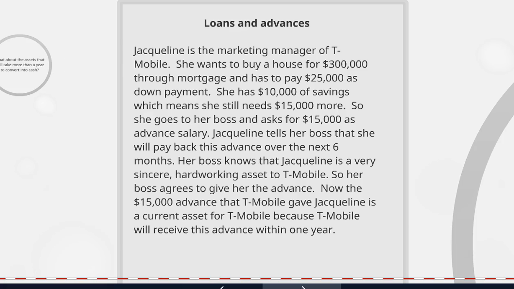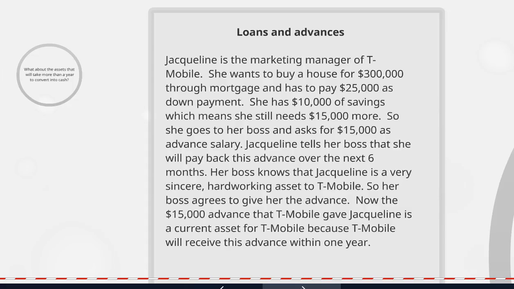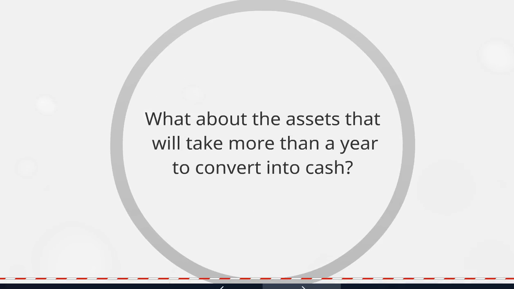Why so? Because T-Mobile will receive this advance back from Jacqueline within 1 year. So what about the assets that will take more than a year to convert into cash? We will look at these assets in the next video.